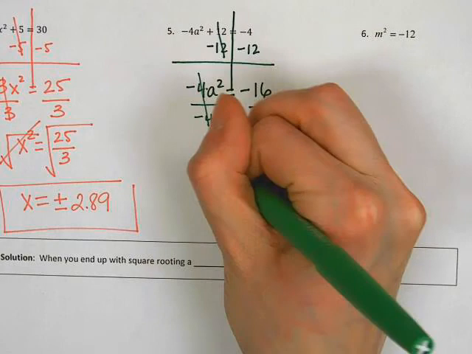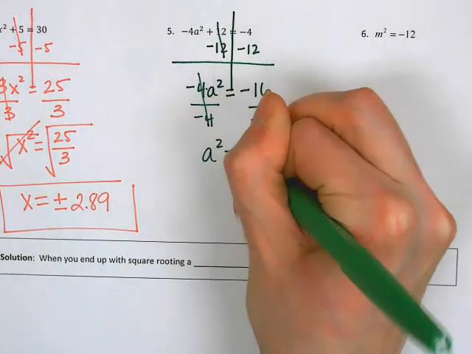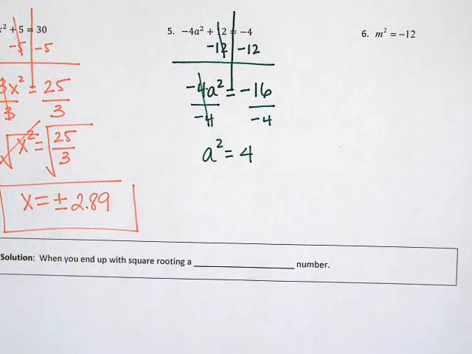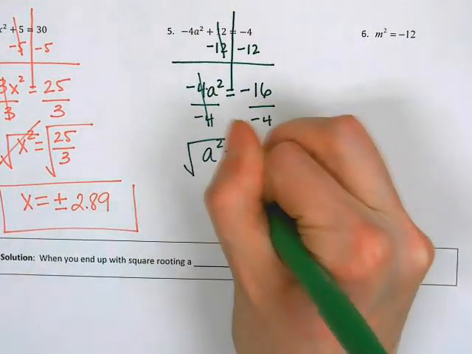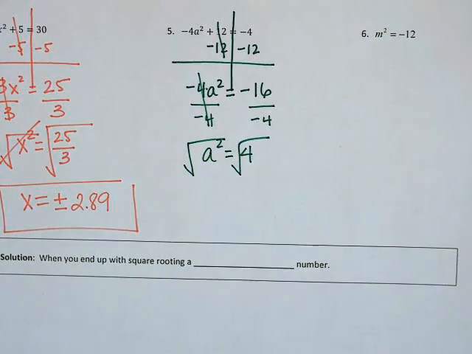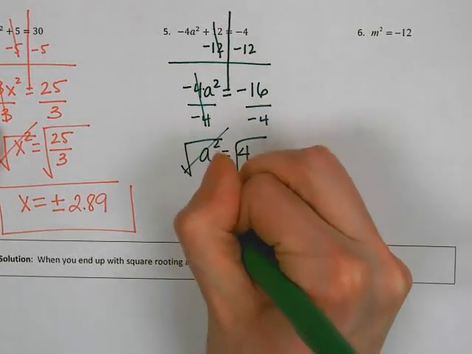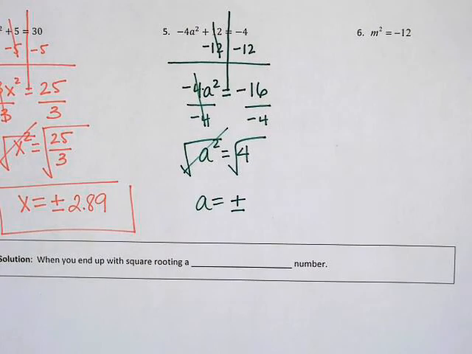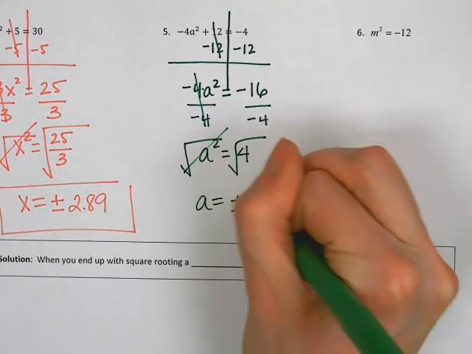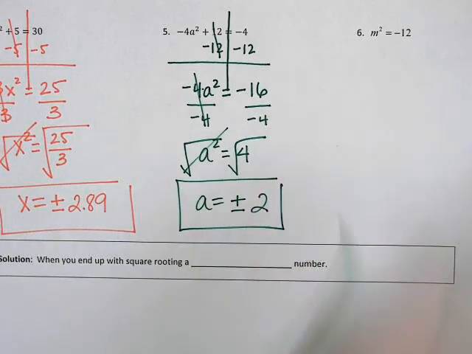And we're now at a squared equals 4. And then you know what to do. Square root both sides. And these cancel. a is going to be plus or minus, and the square root of 4 is 2. So positive and negative 2.